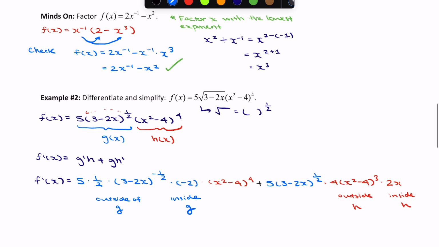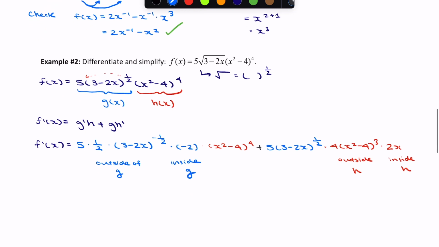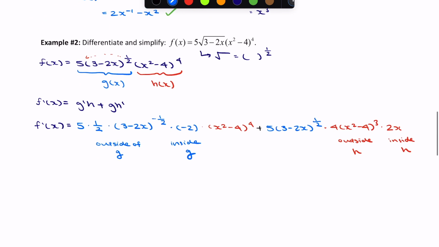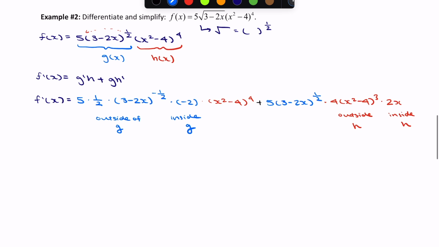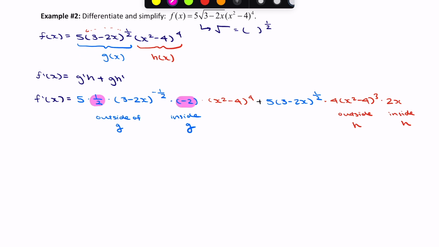Okay, so here, if we simplify some of our expression and see what things we can put together. So here, 1 over 2 and negative 2 will simplify to negative 1.